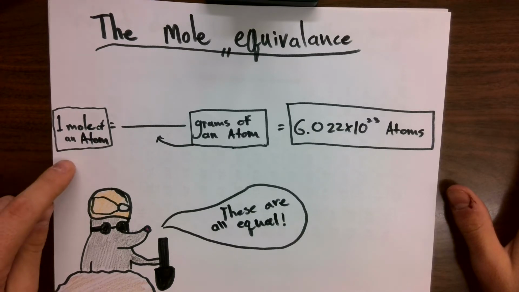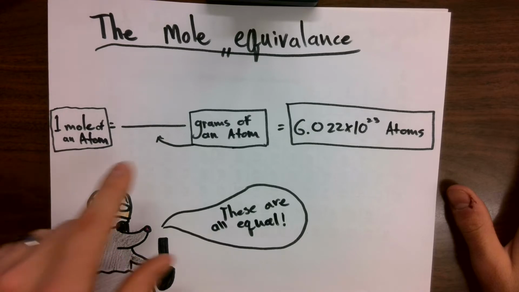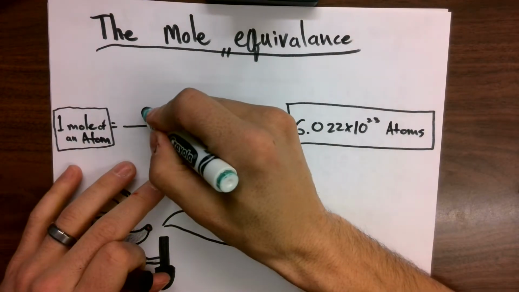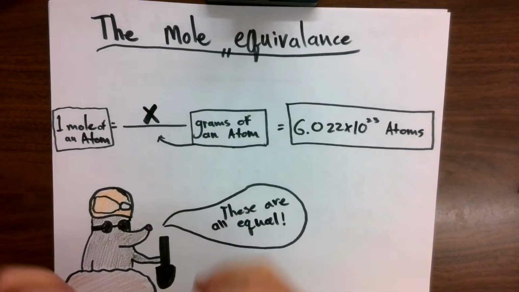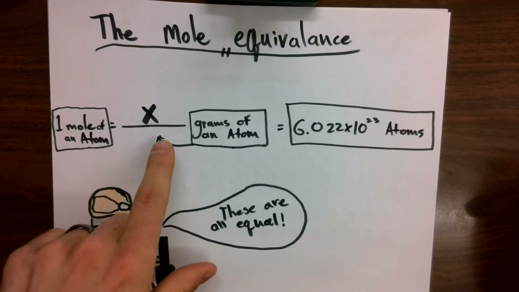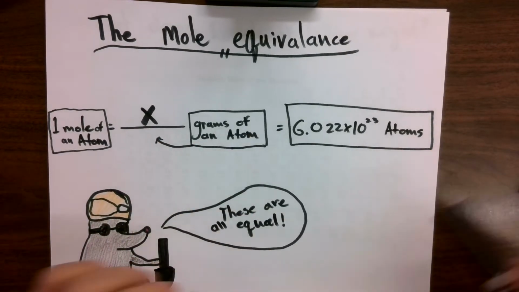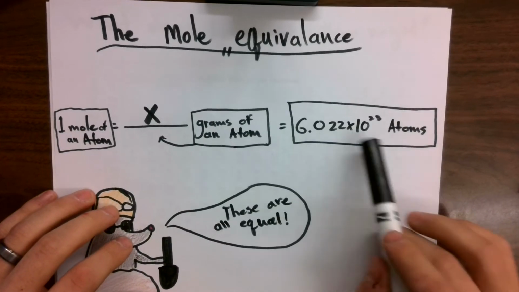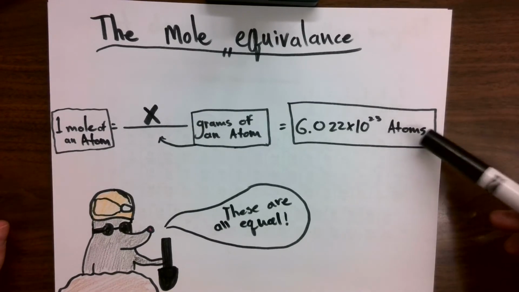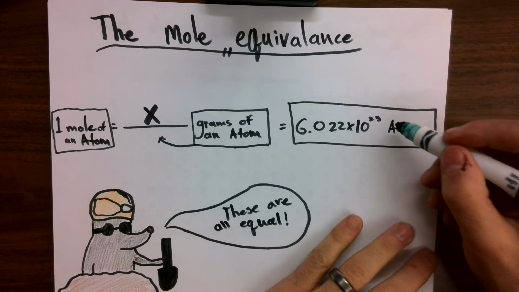So 1 mole of an atom equals a certain amount of grams. We're going to go over that next. We're going to put X because it'll change based off of the atom. So 1 mole of an atom will equal some number of grams of that atom, and will equal 6.022 times 10 to the 23rd atoms, or molecules is a better word, molecules of that atom.